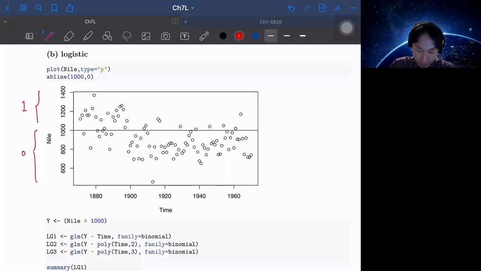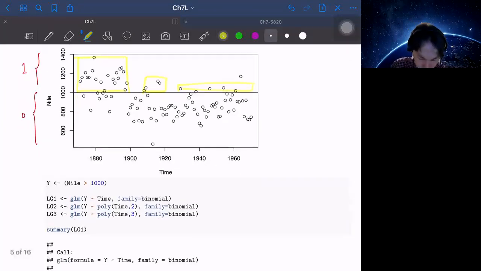You can see that more observations here exceed 1,000. Around here, more observations exceed, and also possibly around here. Here, maybe lower probability. So different times have different probabilities to exceed 1,000 millimeters.